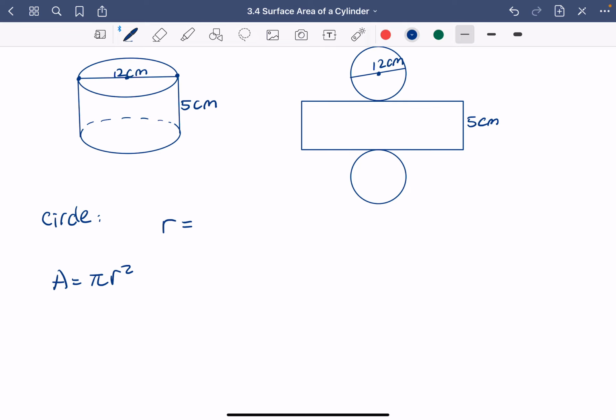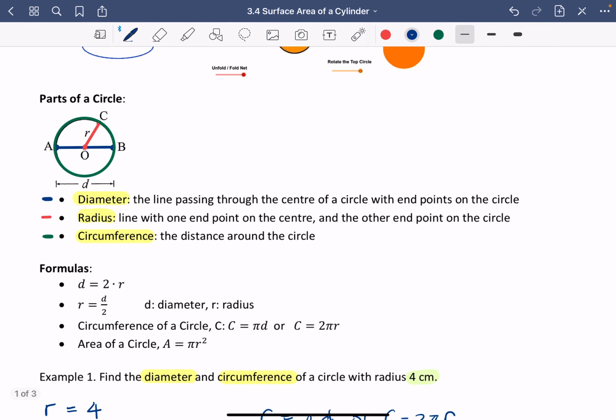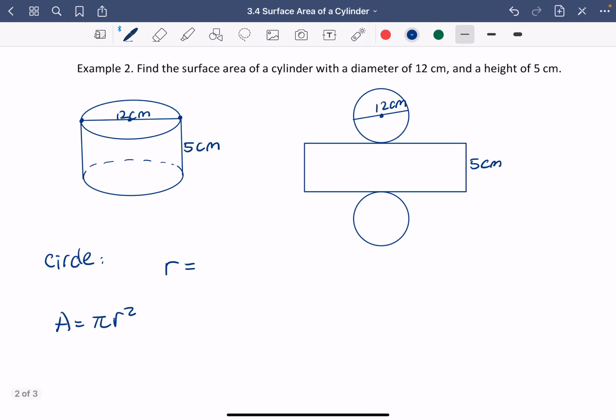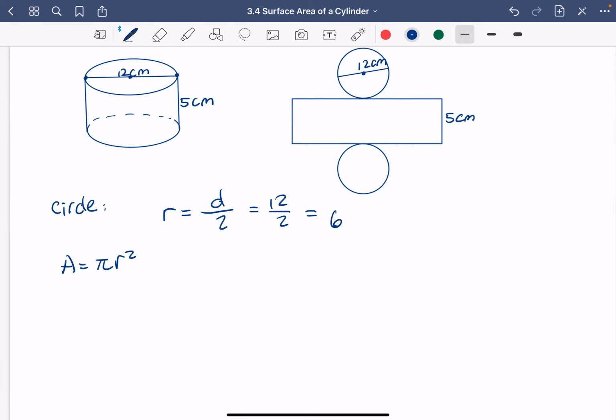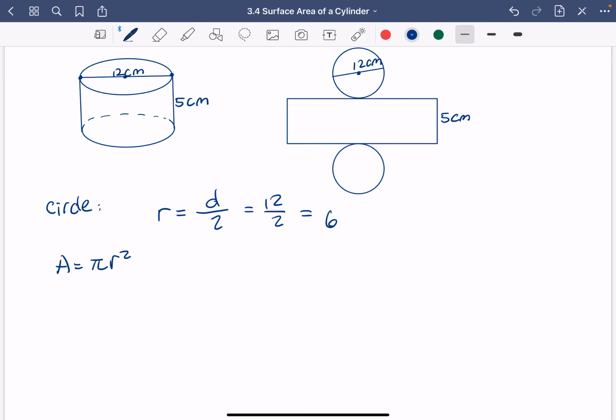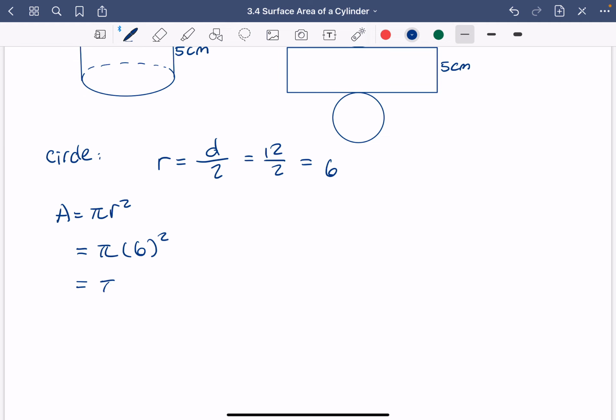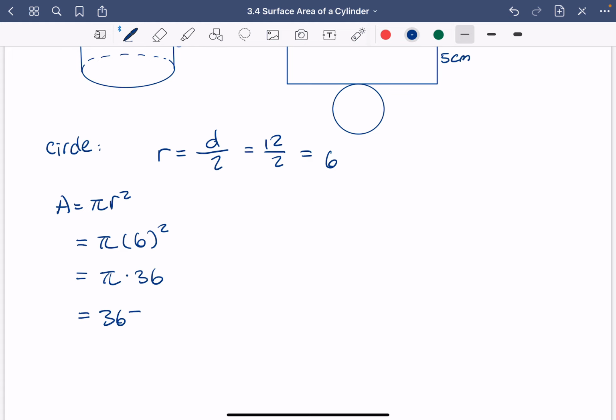So r is equal to, remember, d over 2, and d, the diameter, is equal to 12. So 12 over 2 is the radius, which is 6. So now we know r, the radius, is equal to 6. So area will just be pi times 6 squared, which is pi times 36, and we can leave it as 36 pi.